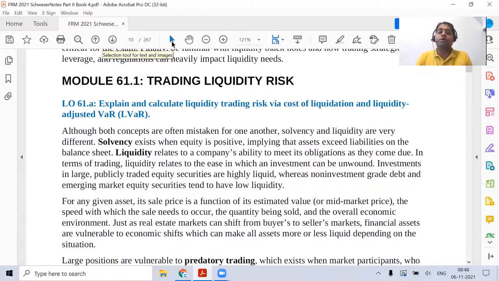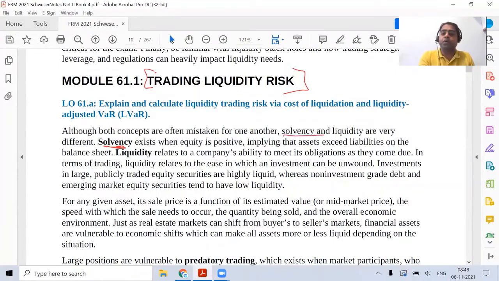So now we're going to be focusing on the first risk, which is trading liquidity risk. Now over here, when they started this paragraph, their main focus was to help you understand the concept of solvency. Solvency primarily means whether the company can be run properly or not. They have tried to give you that concept of solvency in connection with liquidity.